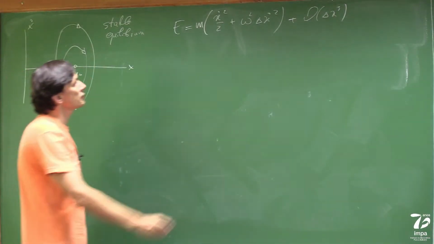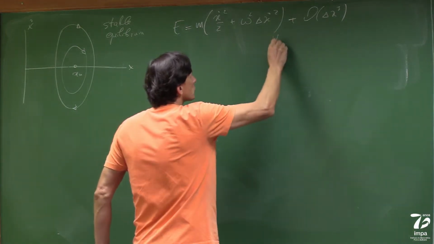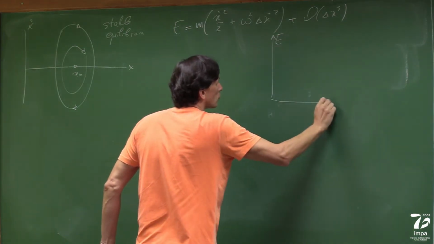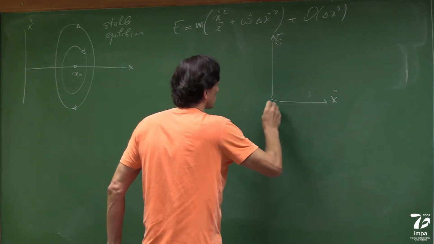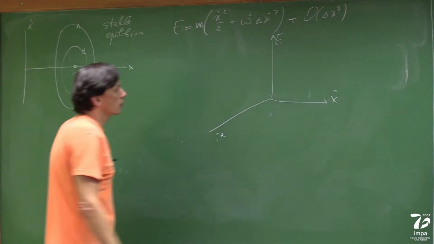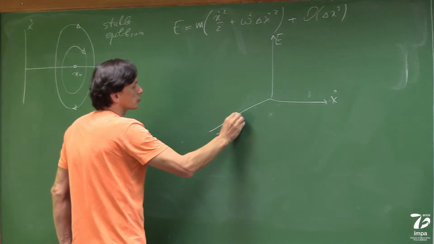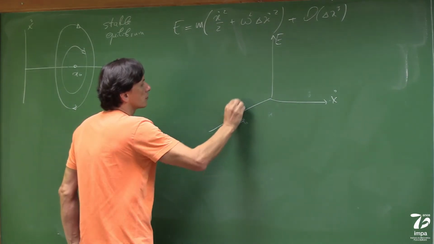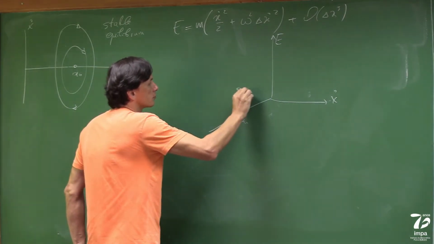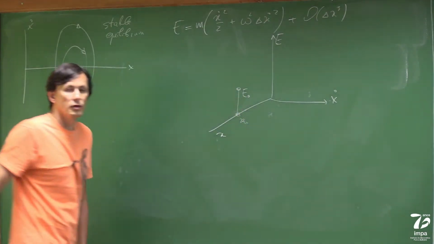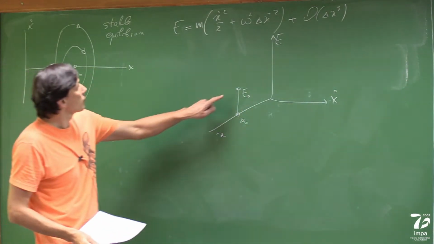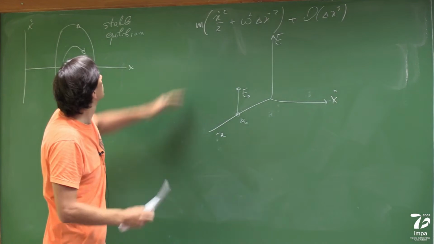So what you can see, if you plot energy as a function of x, we have an equilibrium somewhere here, 0.